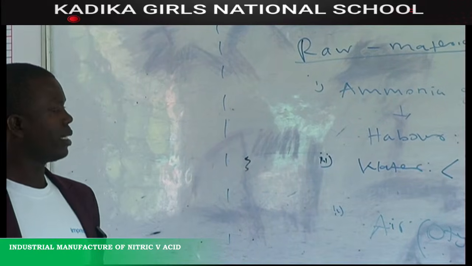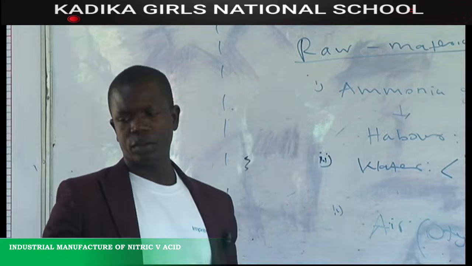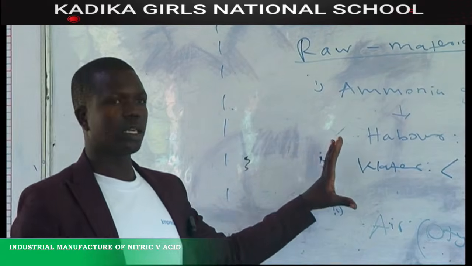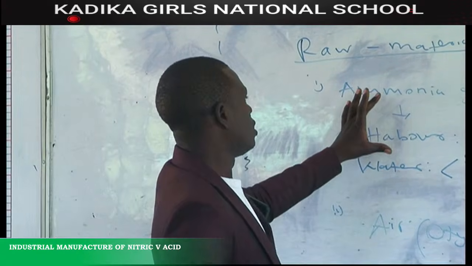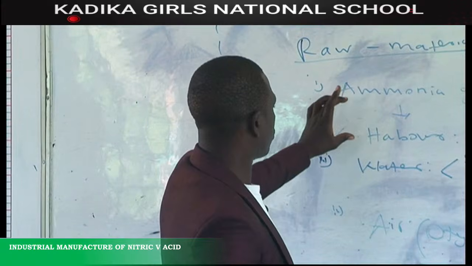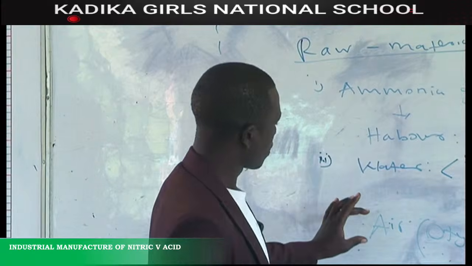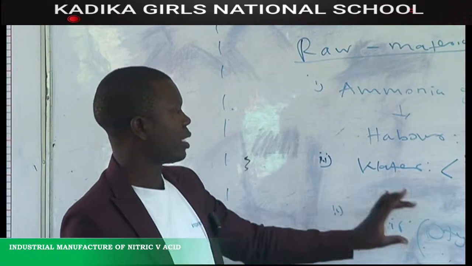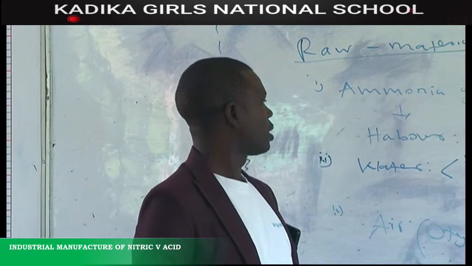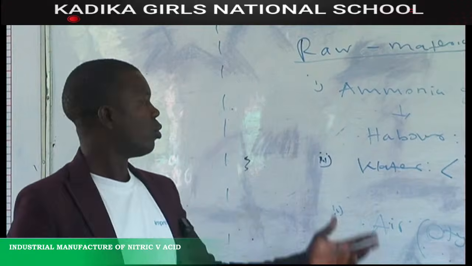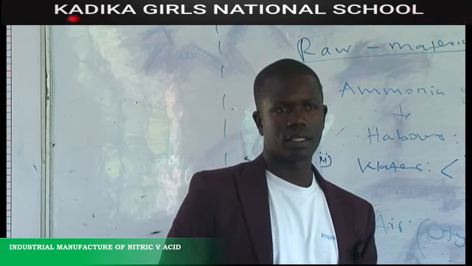Now, it's important for us to know that the two gases, ammonia gas and oxygen gas, are the starting raw materials. Water is also going to be used in the process.